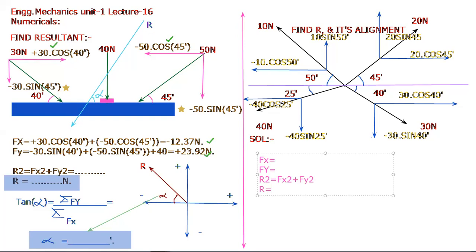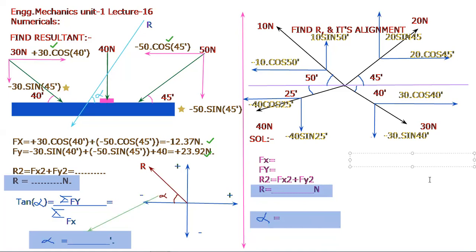In this manner, you are able to find the R. Also, you are able to find the alpha, which is nothing but the angle made by resultant with horizontal x-axis. Okay, so these are the important things that you have to do while solving this numerical. So try to find this as your homework for this one.